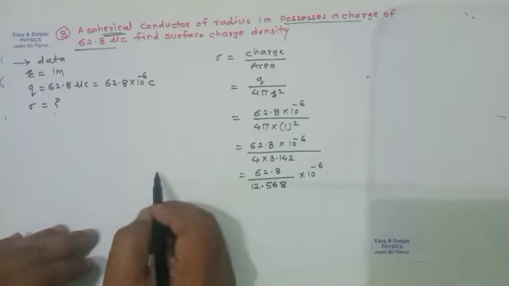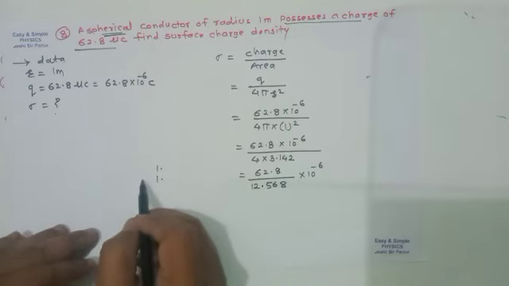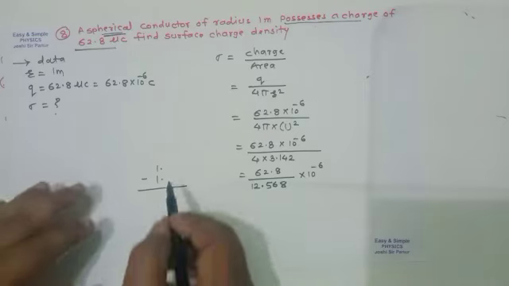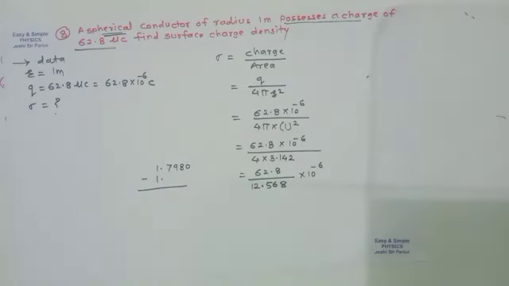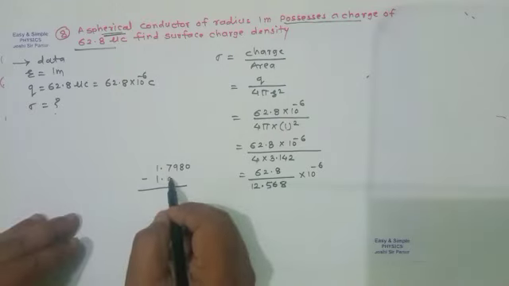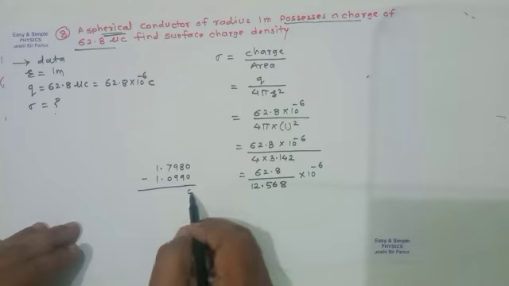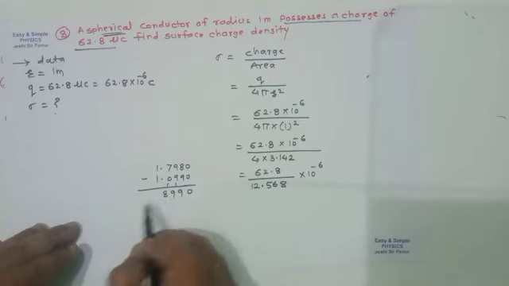If we take log, the numerator has characteristic 1 and the denominator has characteristic 1. The log of 62.8 will be 1.7980, and the log of 12.568 will be 1.0990. Subtracting: 0 minus 0 is 0; 18 minus 9, 9 is remaining; 19 minus 10, 9 is remaining; from 7, 1 is subtracted, 8 is remaining.